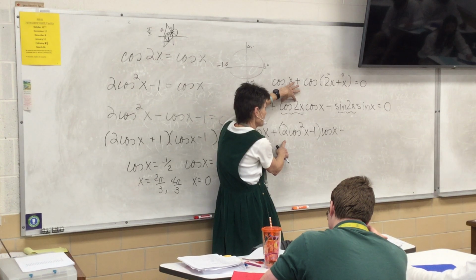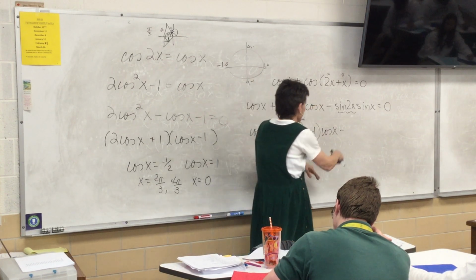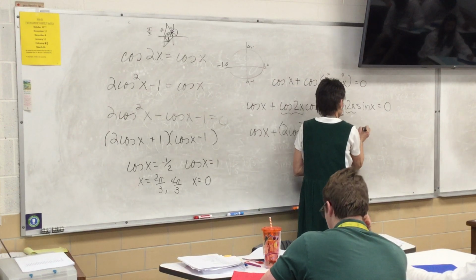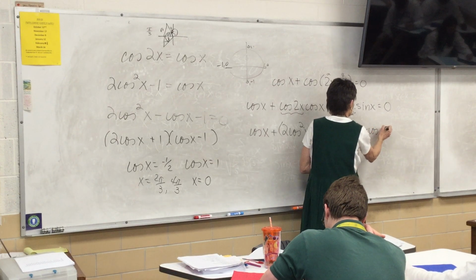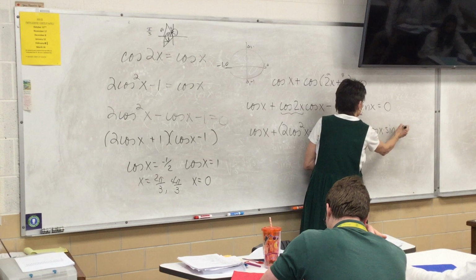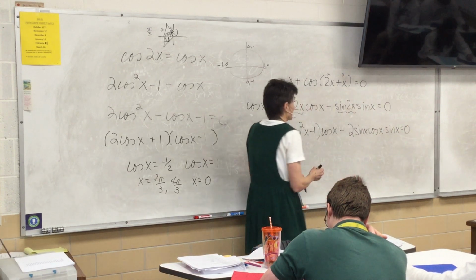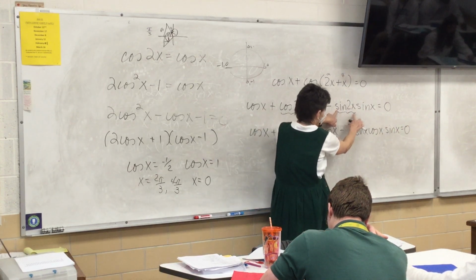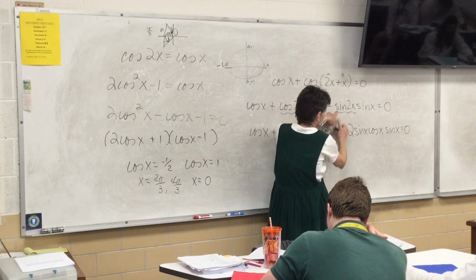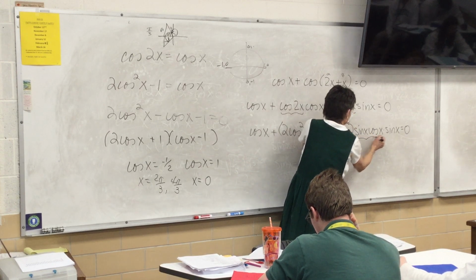I have no idea if that was the best choice or not, but I had to do something. And then this is going to be 2 sine cosine times sine. Look at your colored sheet, 2 sine cosine.